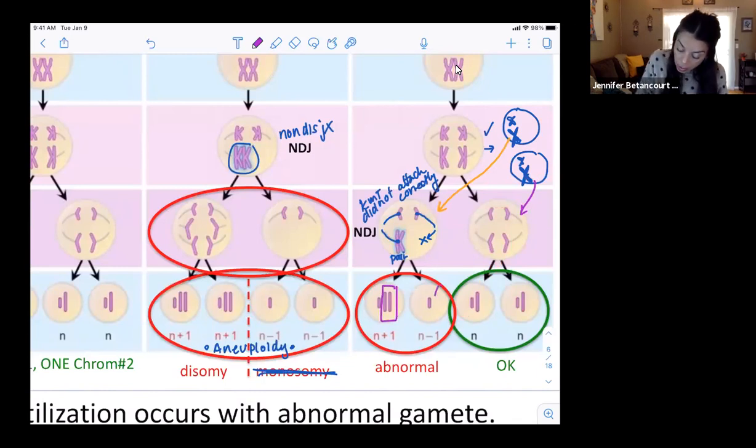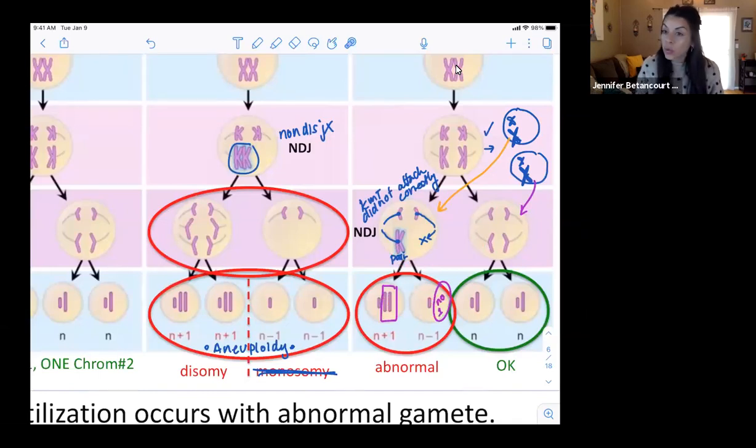The other gamete has no chromosome number 1, none. So this cell is going to make 2 abnormal gametes. If they're used to make an embryo, they're going to make an embryo with aneuploidy.